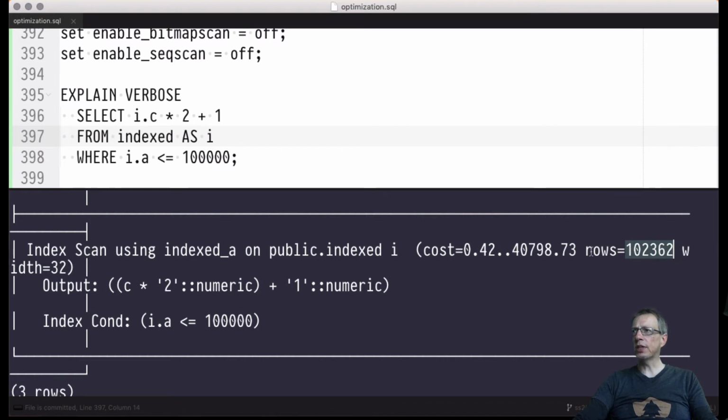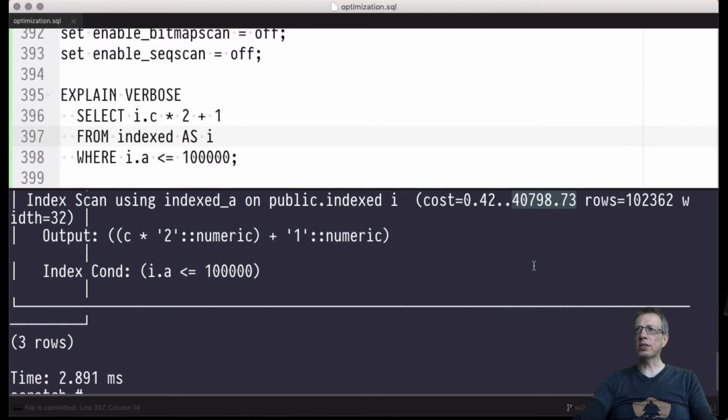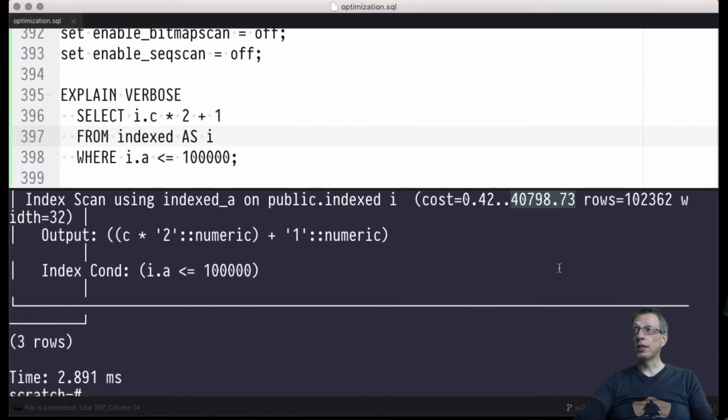It's about 10% again, and this is the overall total cost. It's 40,000, which is way higher than the 23,000 that we've seen in the sequential scan case. So it really is a sign: the system is convinced that index scan is not a good idea here. Sequential scan would fare much better, but unfortunately, we have switched sequential scan off.